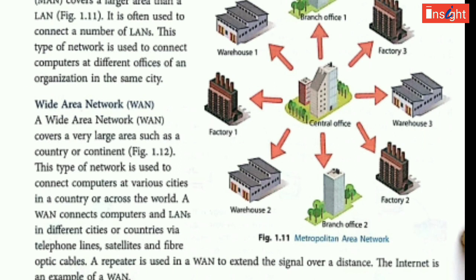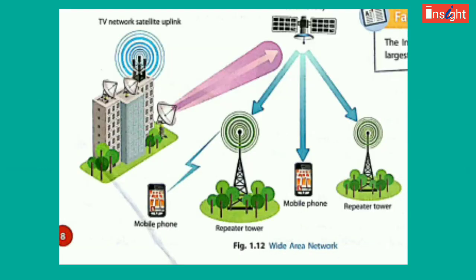Now let us see what is a wide area network, WAN. A wide area network covers a very large area such as a country or continent. This type of network is used to connect computers at various cities in a country or across the world.